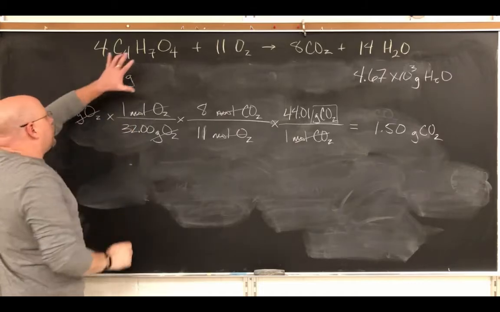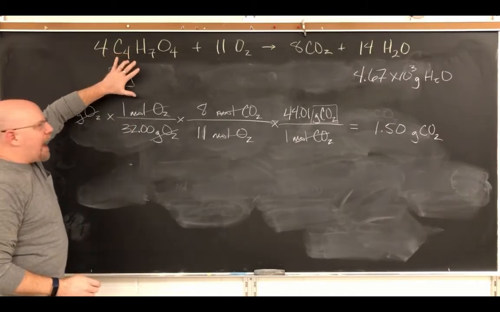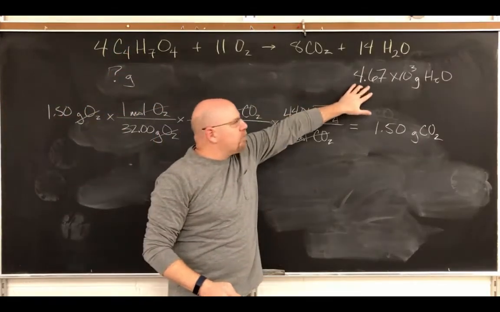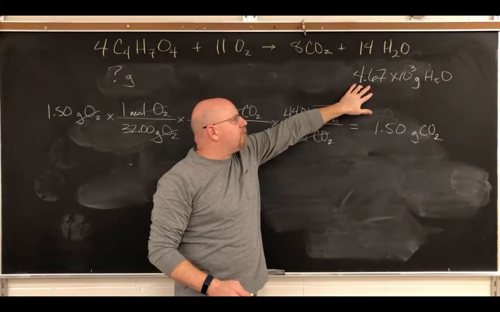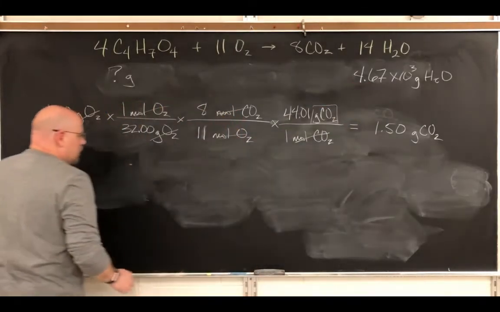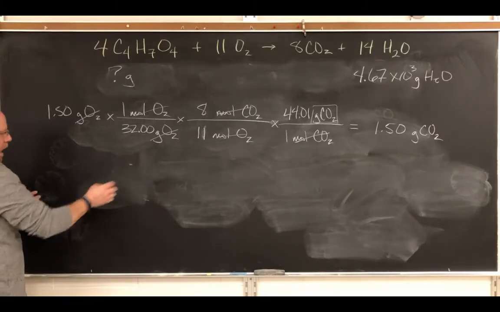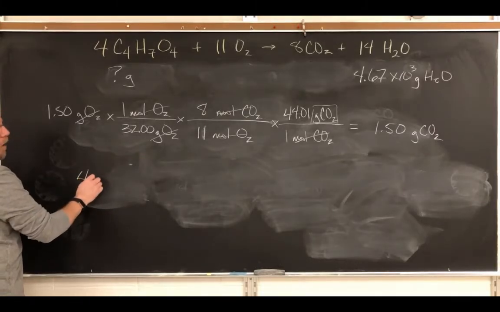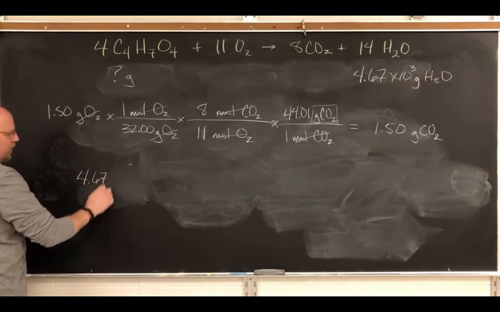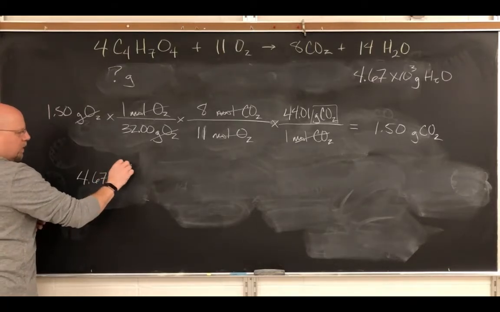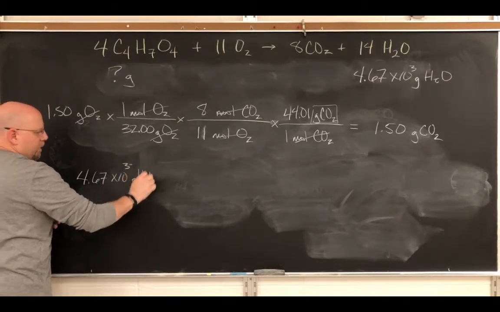So a certain amount of this compound is going to react to make our 4,670 grams of water. To figure that out, we start off with the amount of water that we have: 4.67 times 10 to the third grams H2O.